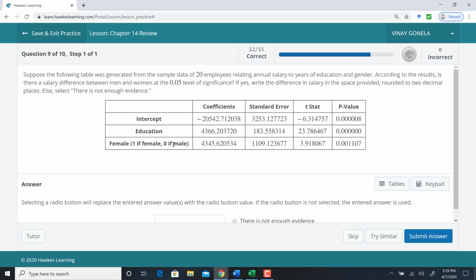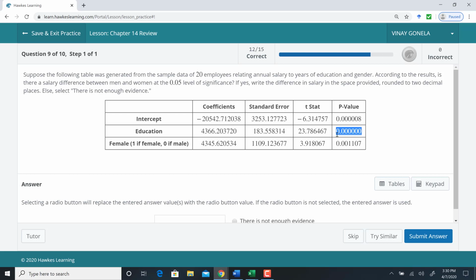So they're asking you, they gave you these coefficients, this is a regression table. They gave you the intercept, the education, and male or female, this is the value, and they gave you the standard errors and the t-stat. And as we discussed previously, for each variable, if you wanted to determine whether that variable is significant or not, you'll just look at the p-value and compare it with alpha.